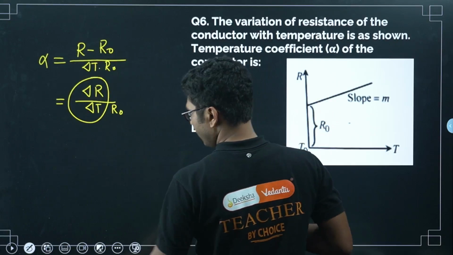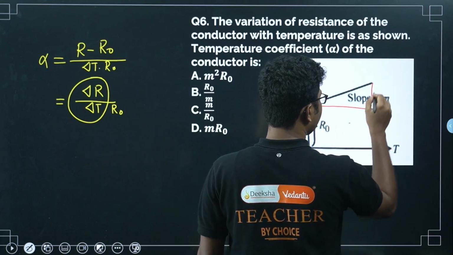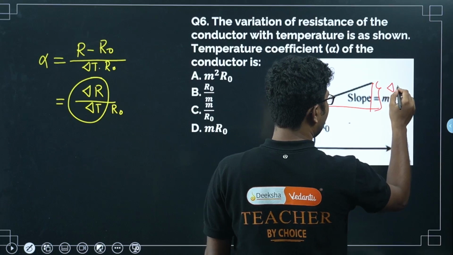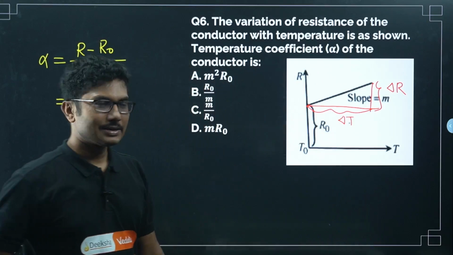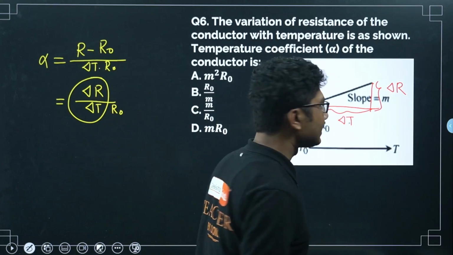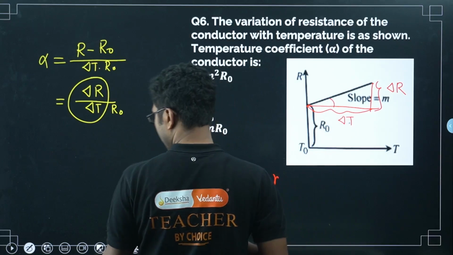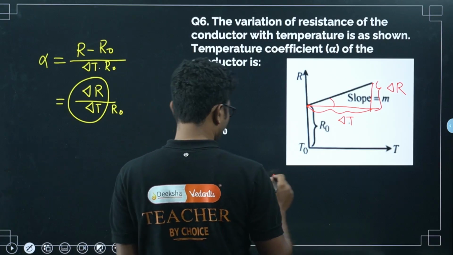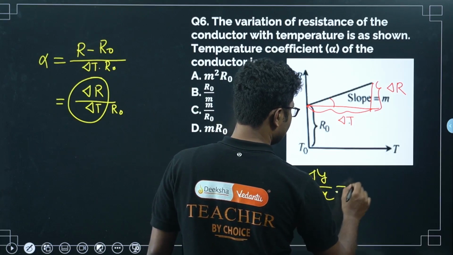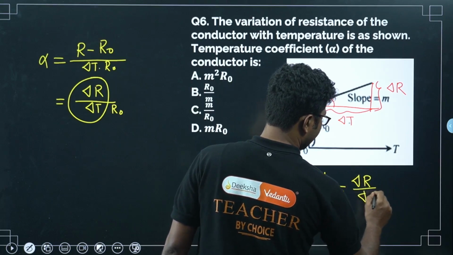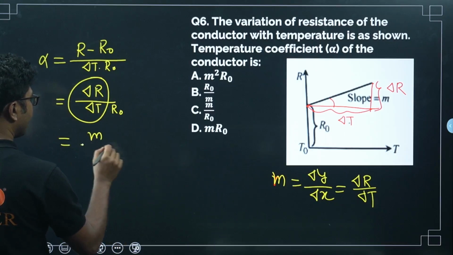So if you see in this graph, this basically signifies delta R and this signifies delta T. So delta T means delta X, delta R means delta Y, right? That is the formula for a straight line. Now we know that slope is given by delta Y by delta X, that is in this case delta R by delta T. So you just need to put delta R by delta T as M, so it will be M divided by R naught.